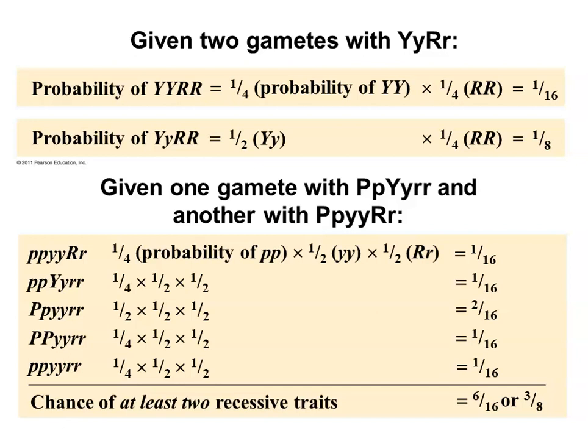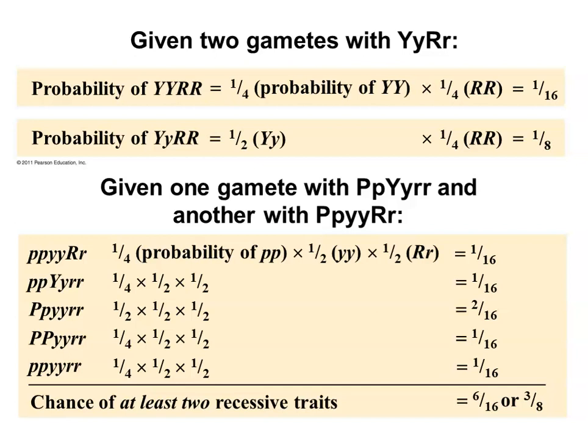We would do the same thing with big R, little r. You have a 1 in 2 chance of getting big R from the second gamete. You can only get a little r from the first gamete, so there's not the second option available to you to look at. You only would have a 1 in 2 chance of getting that combination. Multiplying those probabilities together would give you a 1 in 16th chance of getting that particular combination of alleles.